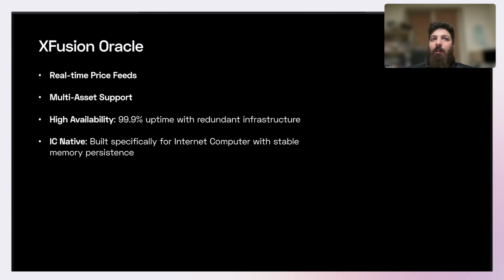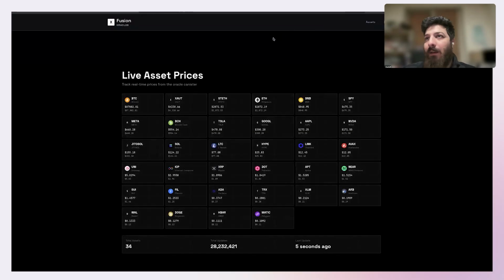But what we did is we built xFusion Oracle, which provides real-time price feeds from Pyth Network to Internet Computer. And the thing about it is that it's been working without any interruptions since the launch.